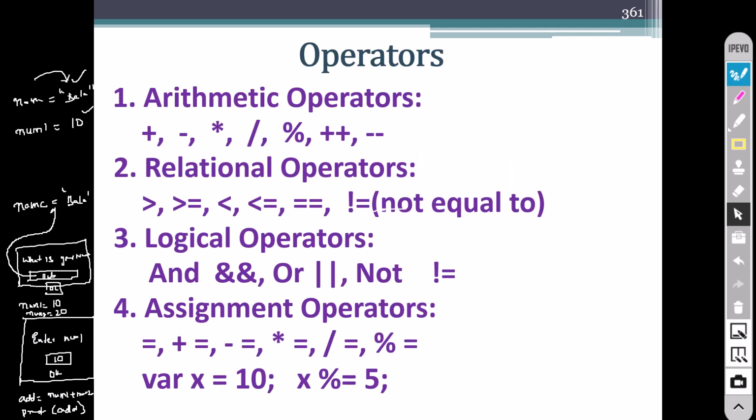And we look at operators. So operators are arithmetic operators, so addition, subtraction and all that, relational operators, greater than, less than, not equal to, double equal to is used for comparing two variables, and you have not equal to also as a comparison, and you have and, or, not, and then assignment operators like equals, plus equals, minus equals, and so on.